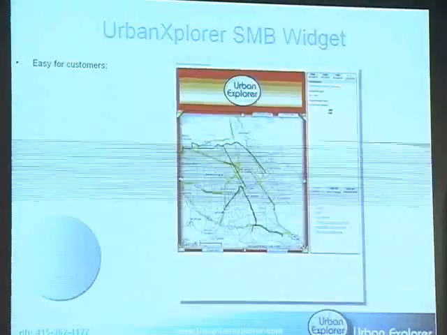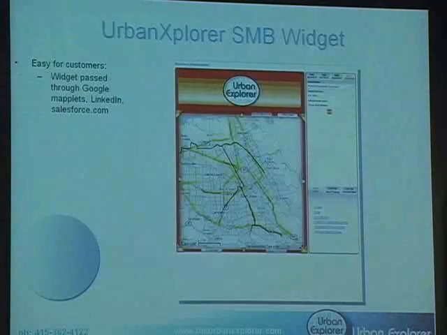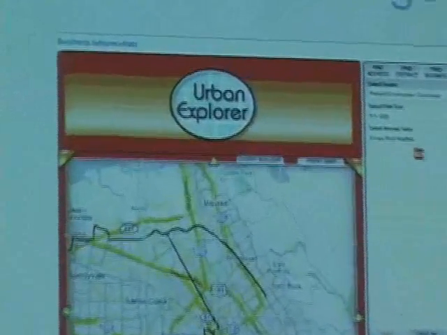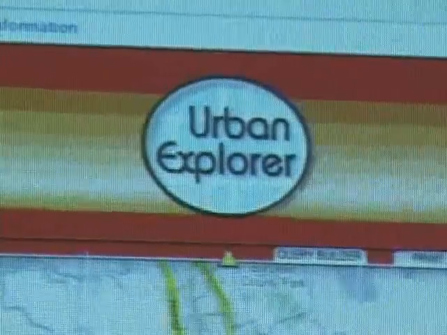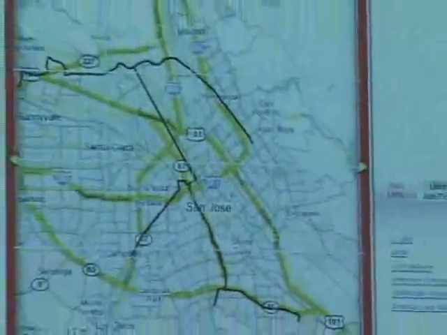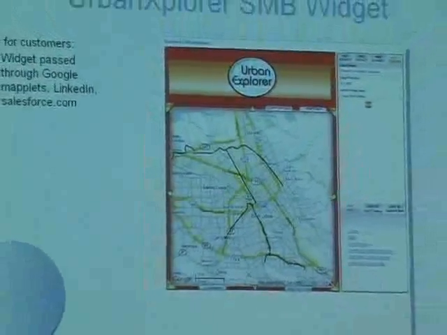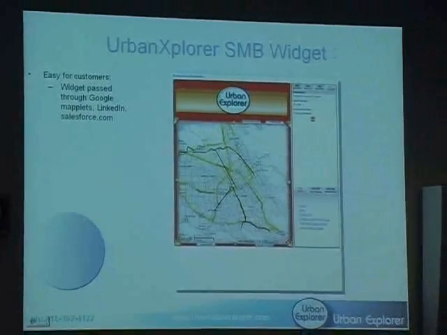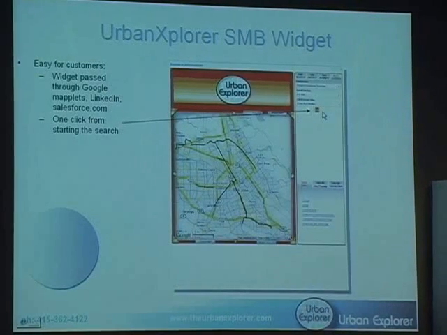So here's what our widget looks like. As I said, it's a widget passed through Google Maplets, LinkedIn, Salesforce.com. If we were to take that same question of give me a list of leads that would be perfect for telecom, voice over IP, so show me the financial services businesses that are small but growing within Silicon Valley, we would handle that through basically fill in the criteria and click.